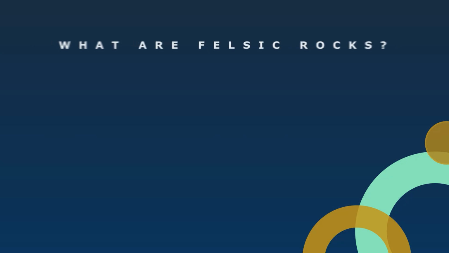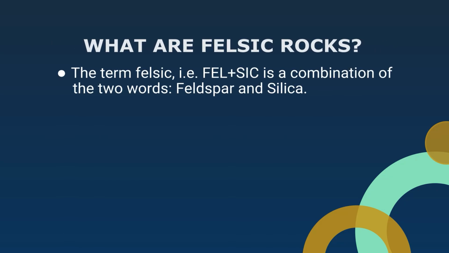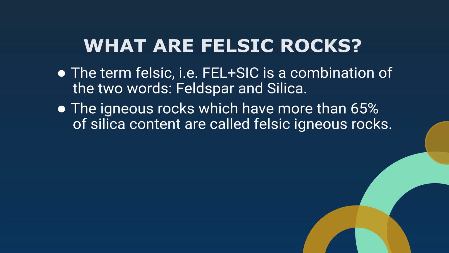Now coming to what felsic rocks are. The term felsic has been derived by combining two words, feldspar and silica. Igneous rocks which have more than 65% silica content are called felsic rocks.